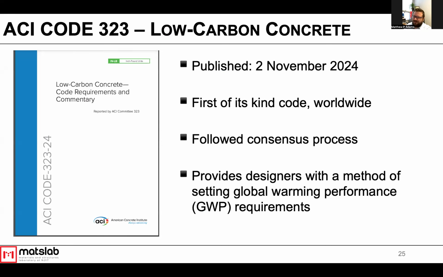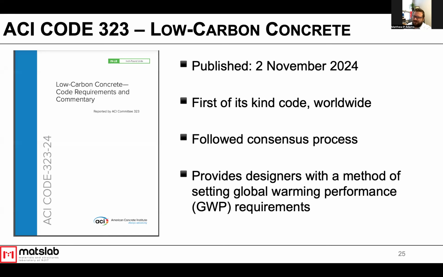It follows consensus process, meaning that we followed all the right rules for this to be considered an actual model building code. And at the end of the day, it provides designers with a set of global warming performance requirements, or a way of setting those global warming performance requirements. It's important to note that ACI 323 does not tell you how to make your concrete.